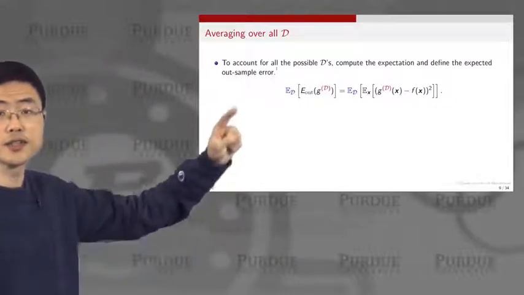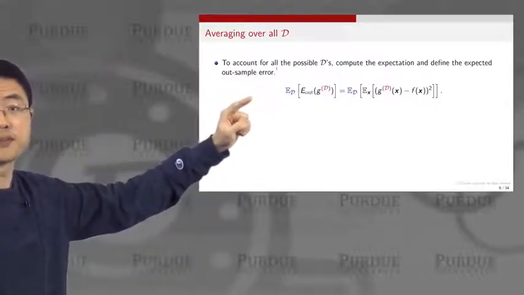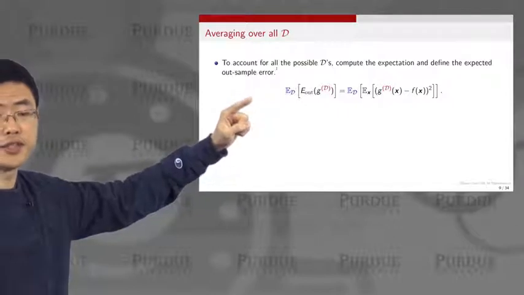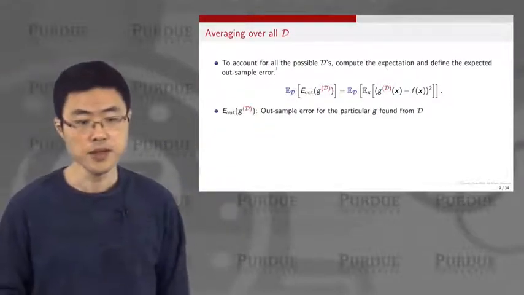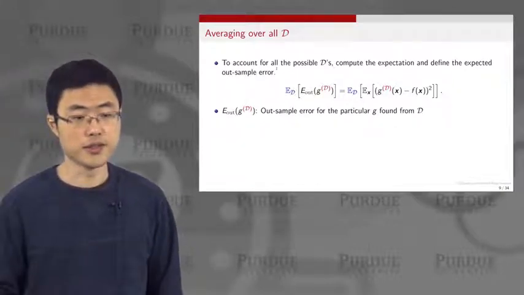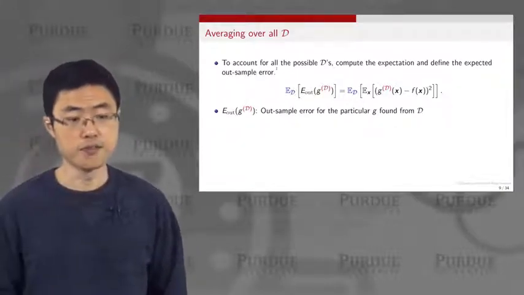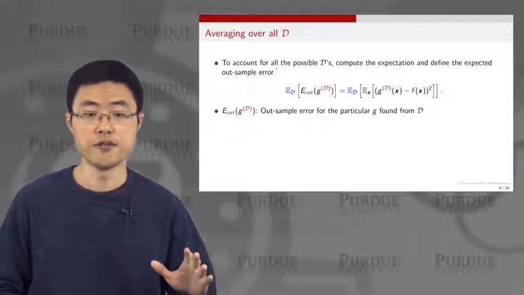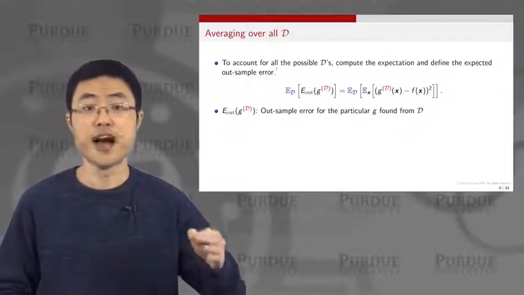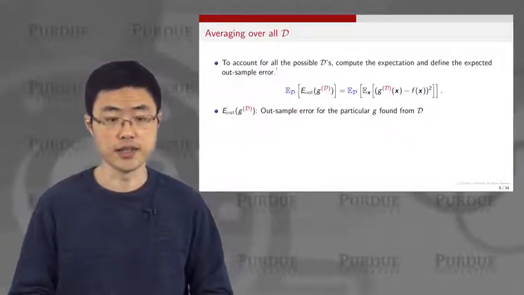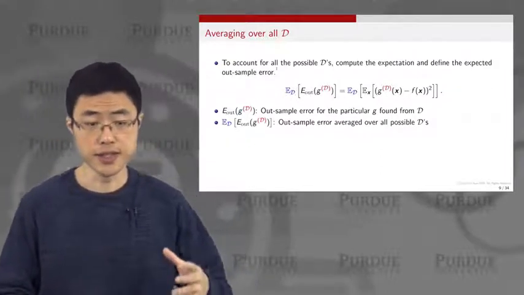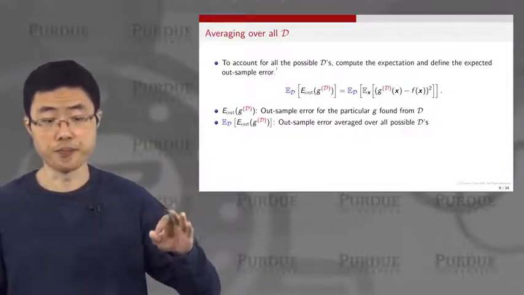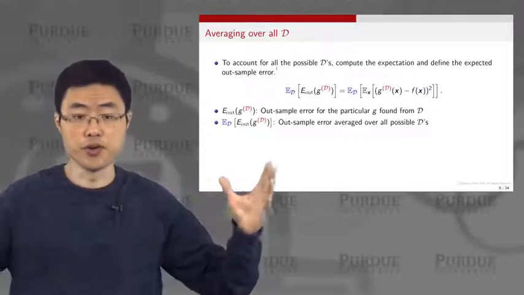So in this equation, I'm going to take the expectation over D on both sides of my equation. Now, this E out of g of D is measuring the out-of-sample error for the particular g found using this data set D. And so the expectation over D says that I'm calculating the out-of-sample error averaged over all the possible Ds.